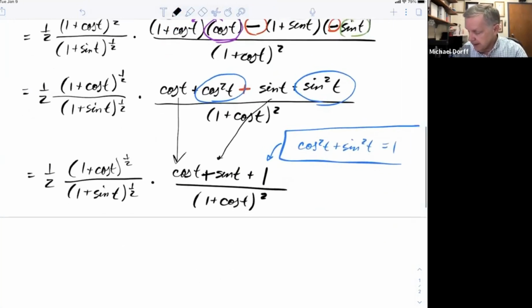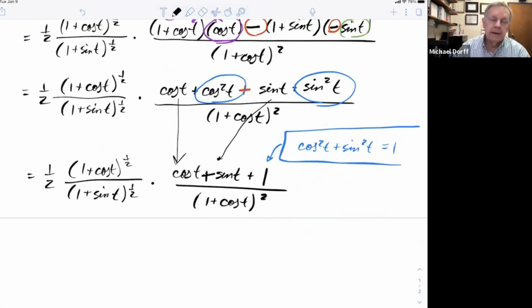And then finally, I notice I have a (1 plus cosine t) to the 1/2 in the numerator and a (1 plus cosine t) squared in the denominator, so I can simplify those. How does that work? Well, I've got 2 of those (1 plus cosine t)'s in the denominator, so that's what the square means. And I have a half of one of those in the top.